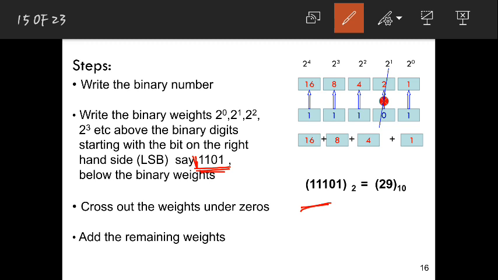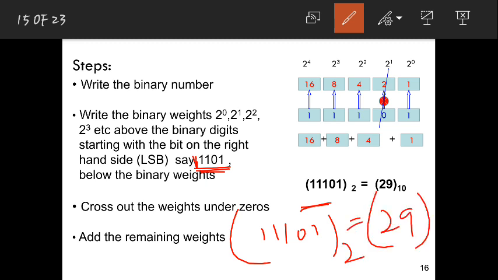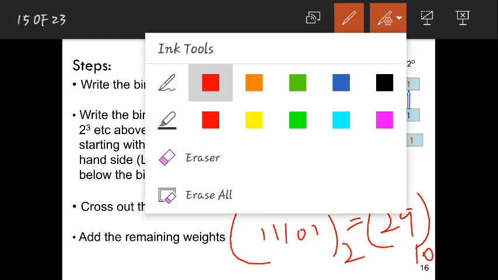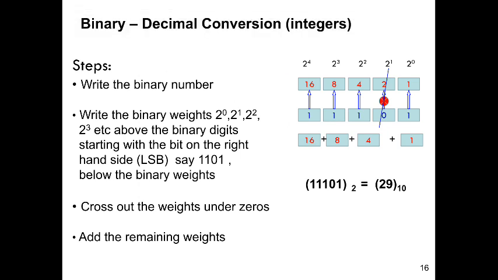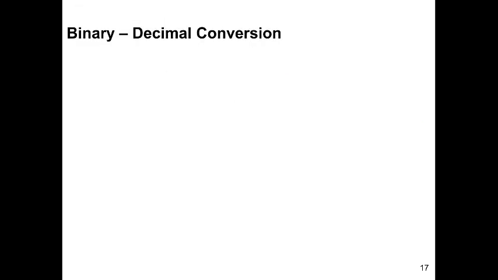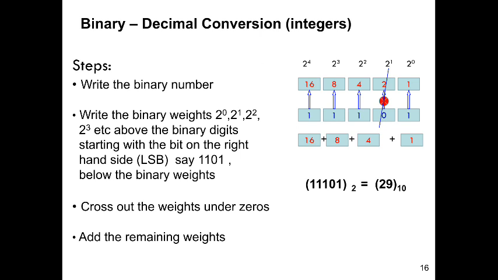So now if you write this 11101, this is a binary number, so the base should be 2. And when you are converting that to decimal, see, 29 can be decimal or octal or hexadecimal, anything. But you are converting into decimal, right? So you need to write it as 10. Okay, 10 means you have converted into a decimal number representation. So that is what he has done here. Okay. So this was binary to decimal conversion.